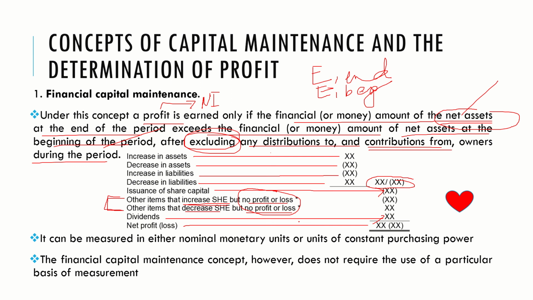Actually, this computation is applicable if you are given the data kung magkano po yung net assets beginning or ending, or even assets or liabilities and the other items, if they want you to work back with the profit. Pero usually kasi ang ginagawa natin, di ba, we prepare the statement of comprehensive income, the income statement or profit or loss part, to compute for the net profit or loss.